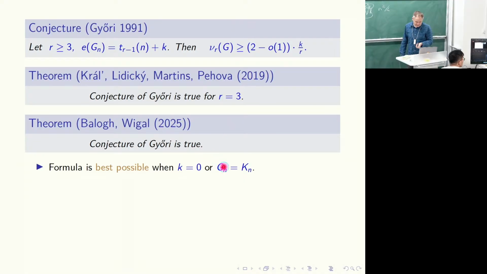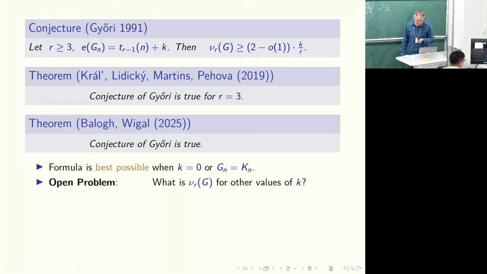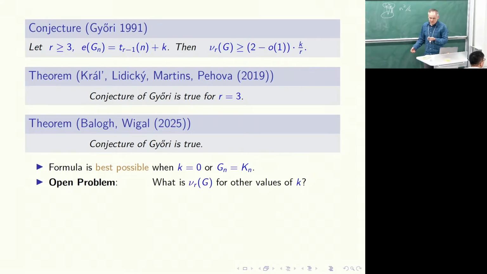And the other extremal case is that if the graph is the complete graph, then one can do a substitution and see that the formula is again best possible. But for other cases, the values should not be the same.